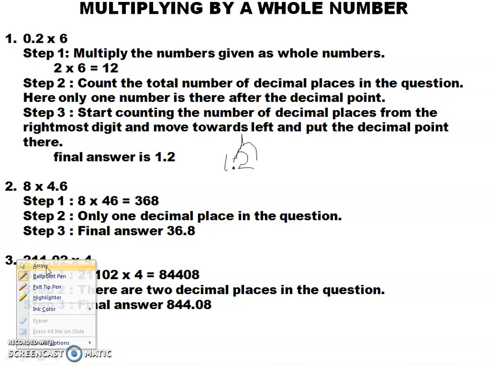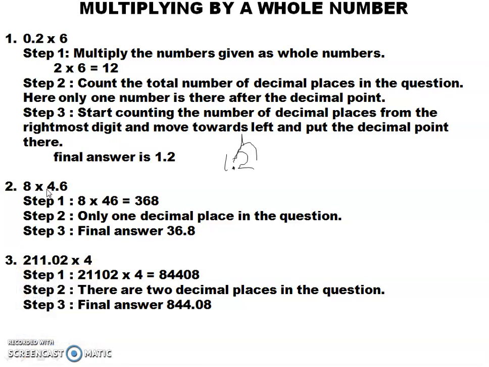Next one. 8 into 4.6. What is the first step? You will multiply the numbers. 8 and 46. 8 into 46. The answer is 368.